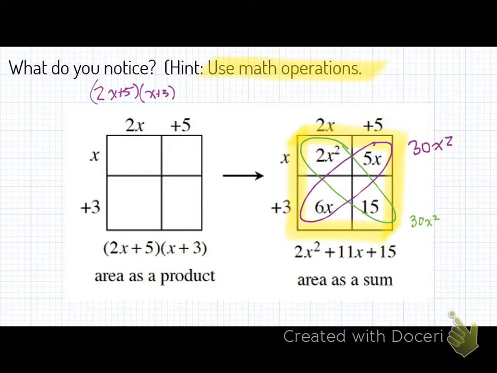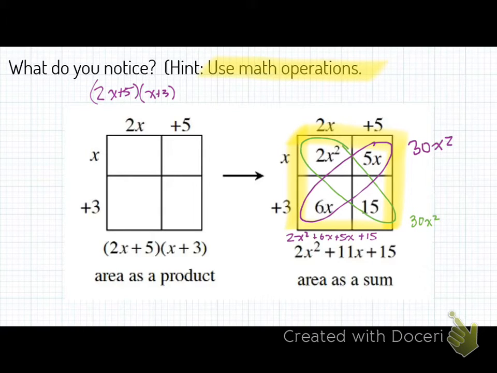So check this out. When I multiply these out and add these all together, eyes up here, I'm going to make a little space right here for us. You said that I'm supposed to add these together. I got 2x squared, and then I got 6x, and then I got 5x, and then I got 15 right here, right?